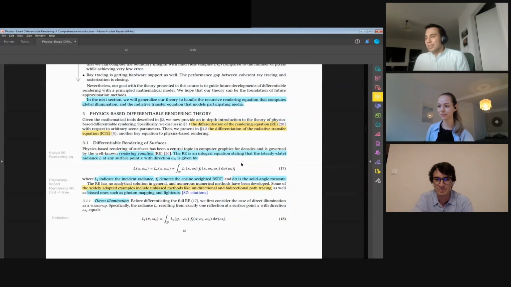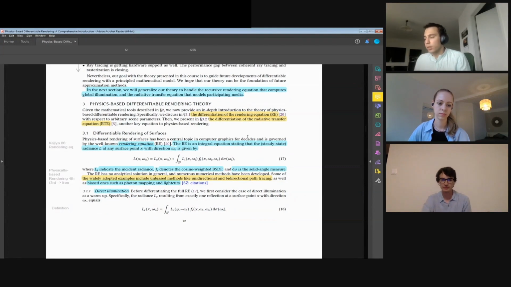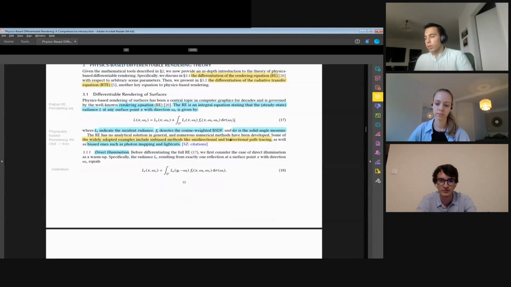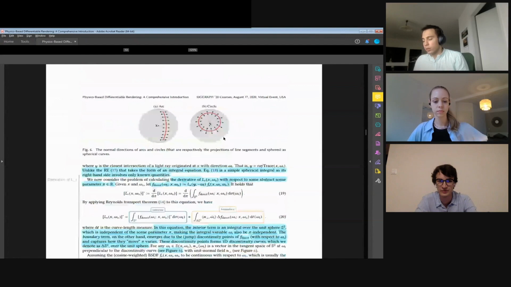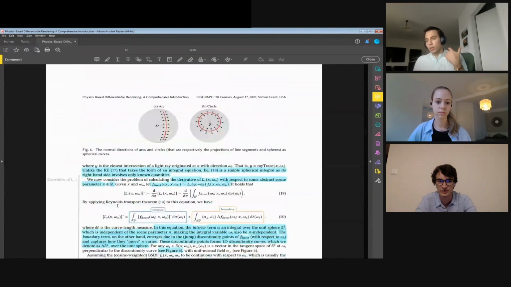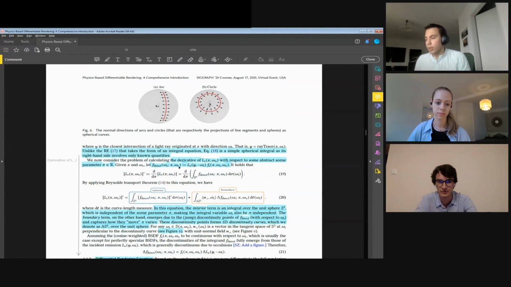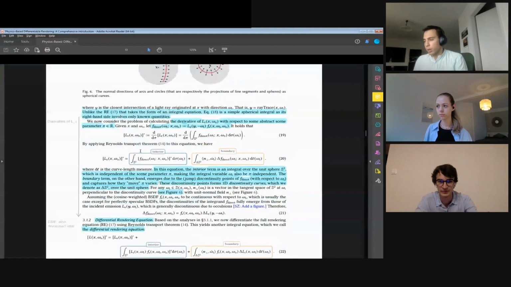Okay, let's continue. So for people who are interested, definitely check out also this section. They basically explain how you can differentiate the rendering algorithm, and again they apply Reynolds theorem to basically split the integrals into two parts, where it consists of an interior part and the boundary part.